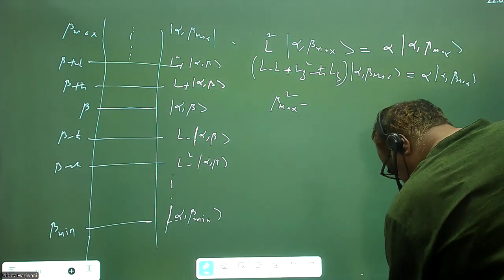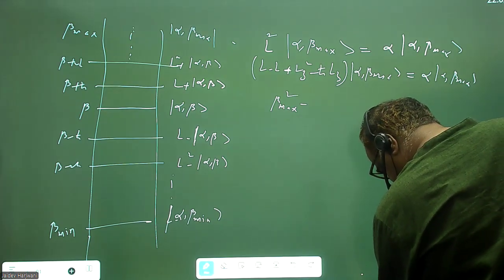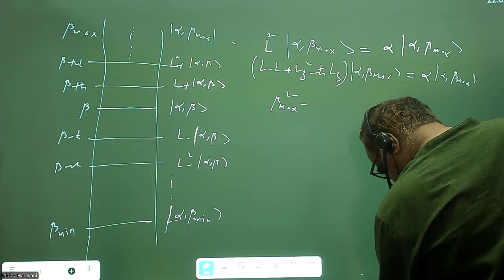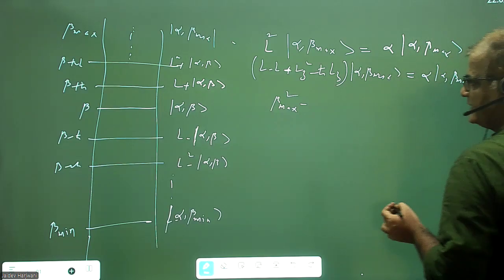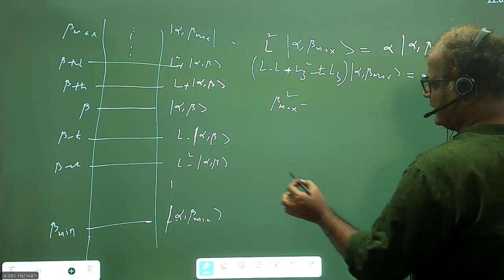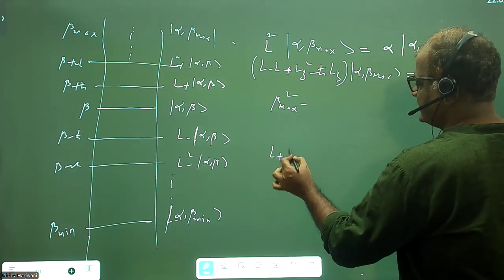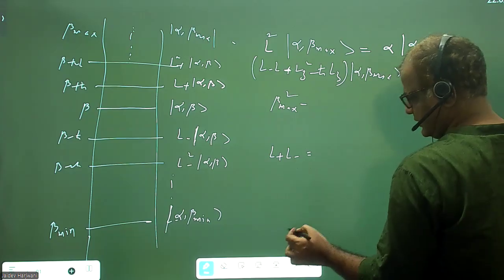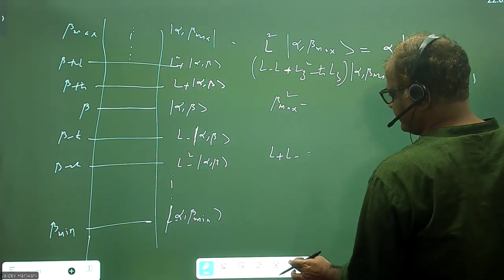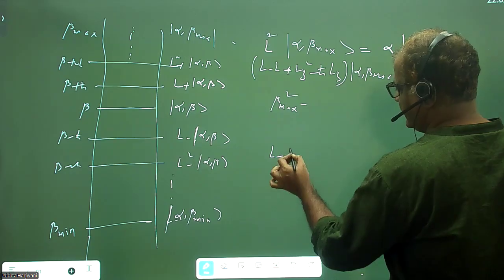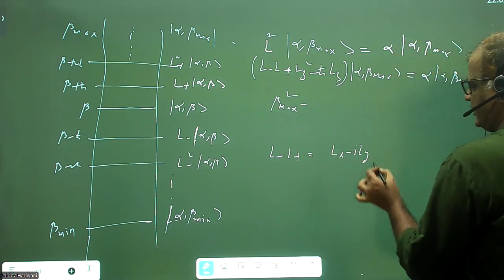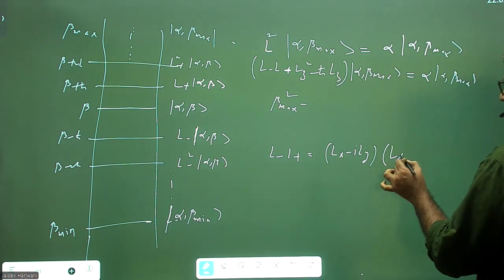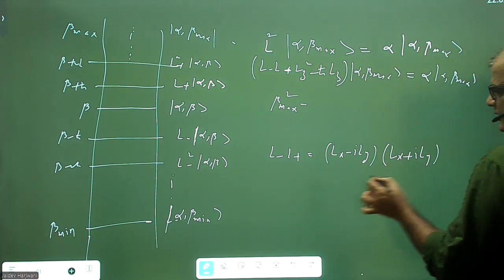Okay, somewhere we have made a mistake while calculating this. While calculating L minus L plus, it should be Lx minus iota Ly, and then Lx plus iota Ly. Let me check it again.